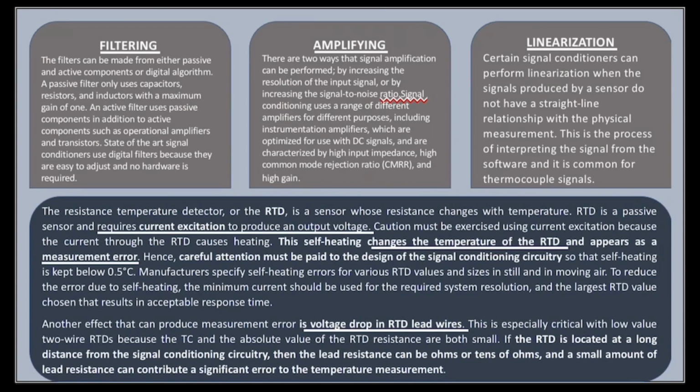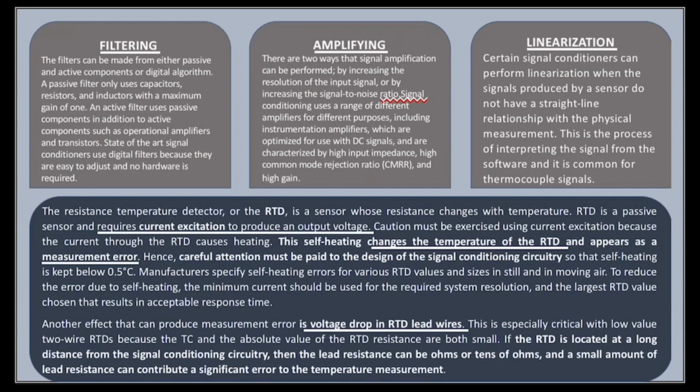of signal conditioning. The resistance temperature detector, or RTD, is a sensor whose resistance changes with temperature. An RTD is a passive sensor that requires current excitation to produce an output voltage. Caution must be exercised when using current excitation because the current through the RTD causes heating.